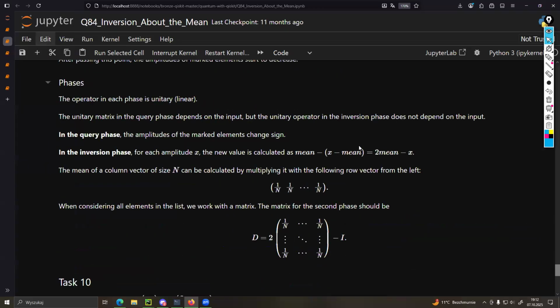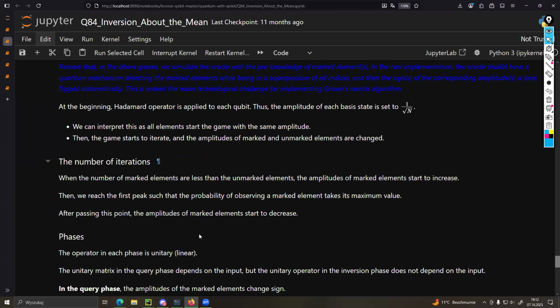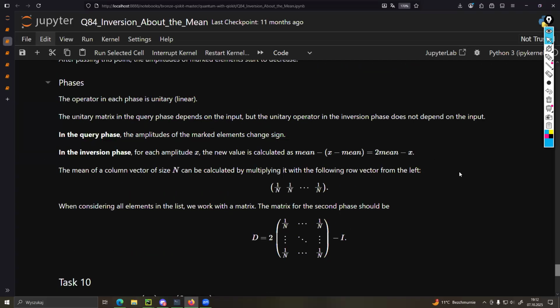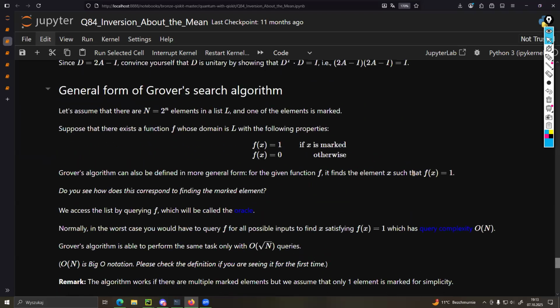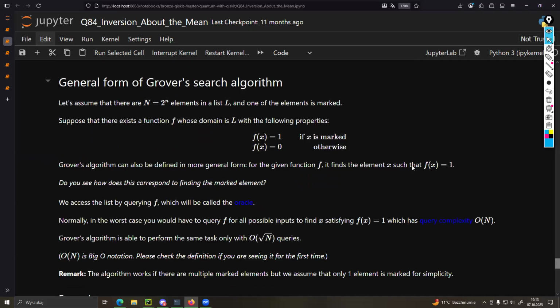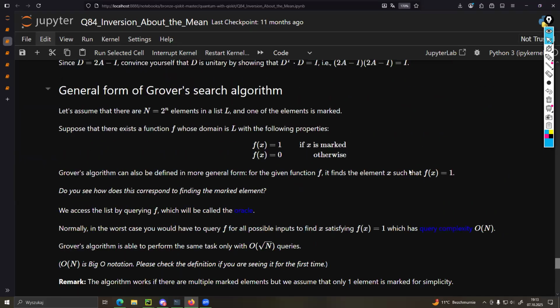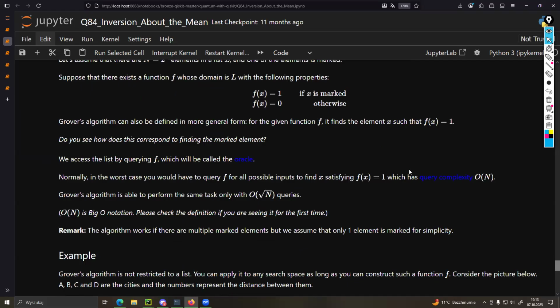But first of all, let's finish with this notebook. So we have shown that the inversion is a nice way to boost the probabilities of wanted answers.